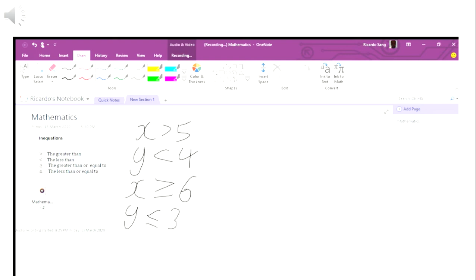For instance, if I have -4 less than 2, and I divide these two numbers by a negative number, then it will look something like this.